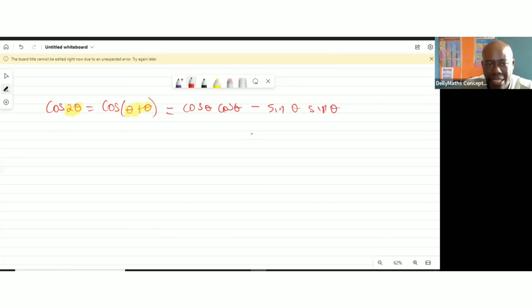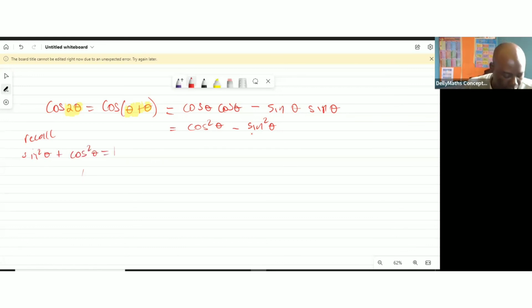Now, let's break this further. This is going to turn into cos squared theta minus sine squared theta. Now, at this point, I want to recall the fact that sine squared theta plus cos squared theta equals 1.